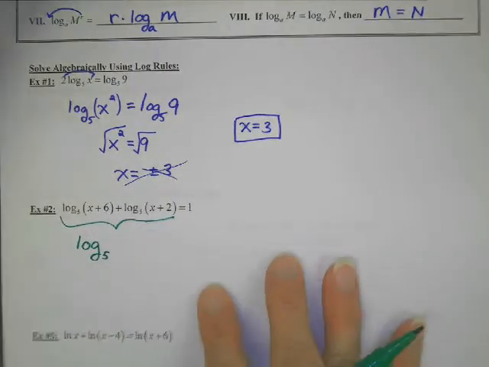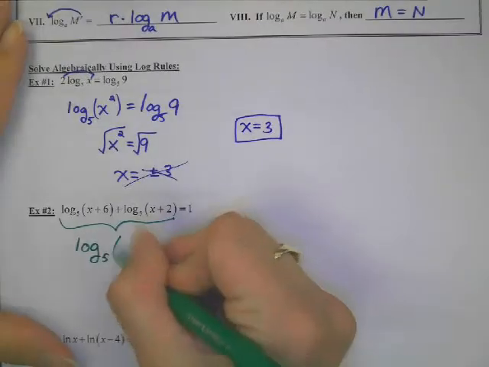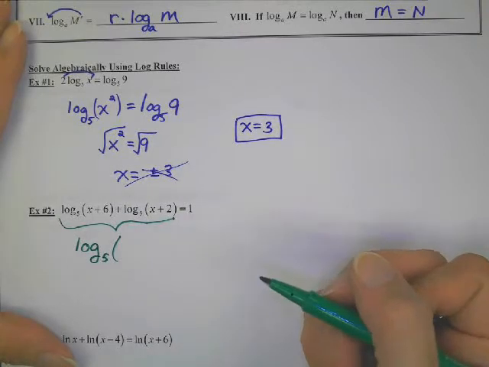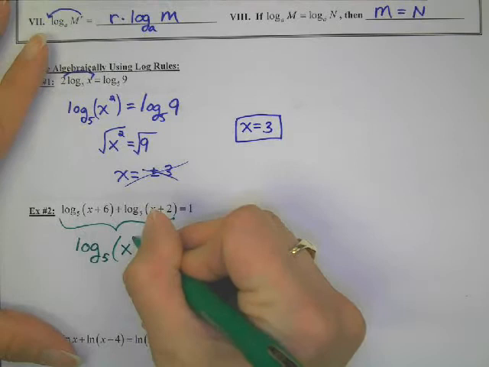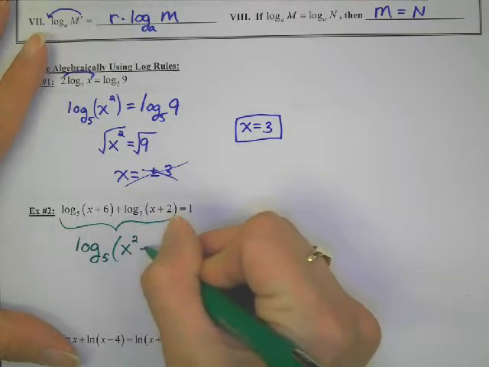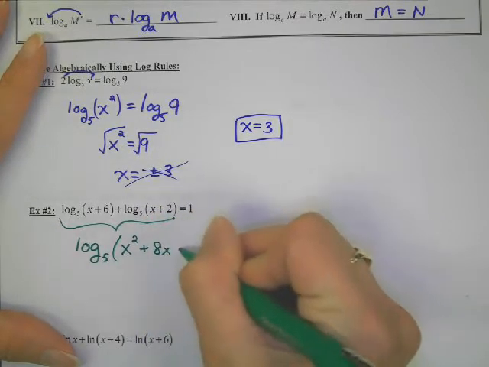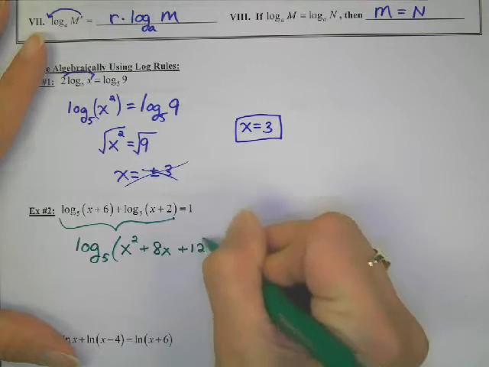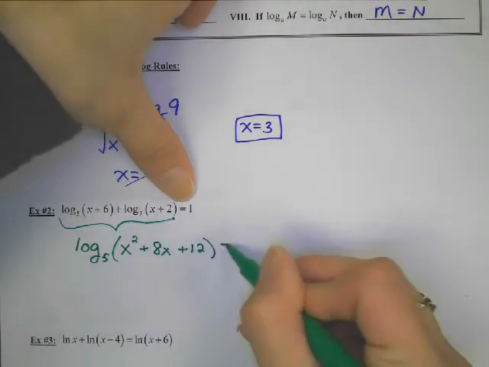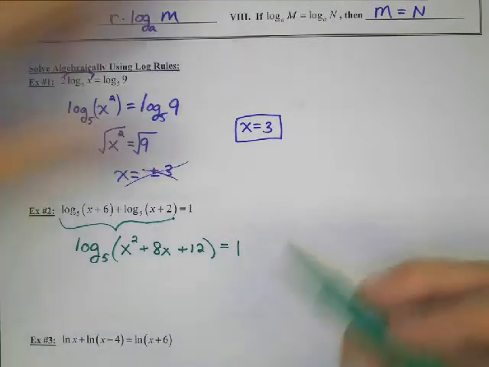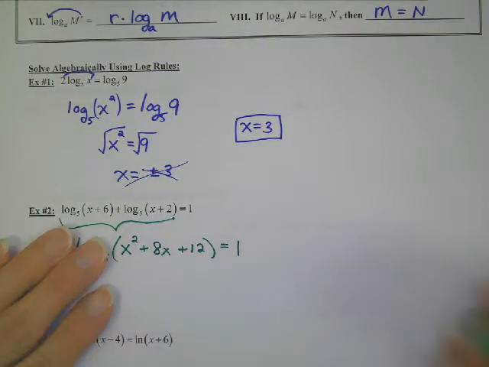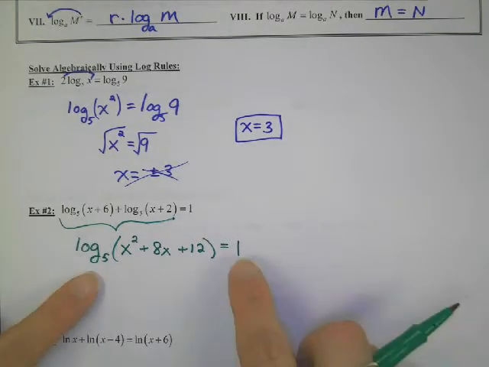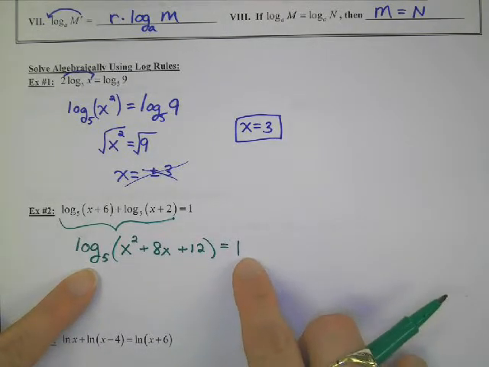We're going to use rule number 5 that says multiply the ofs. Maybe what I'll do is go ahead and multiply them right away. X squared plus 8x plus 12. Let's finish the equation. Equals 1. Now this would not be a good time to say this stuff equals 1. You can't just make a log disappear. And there's not logs on both sides.